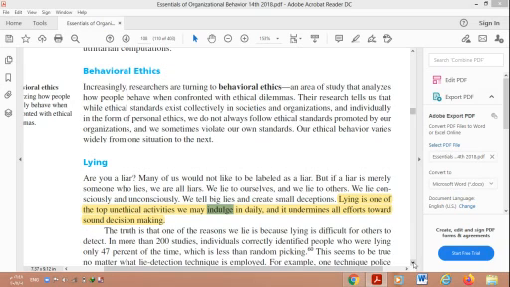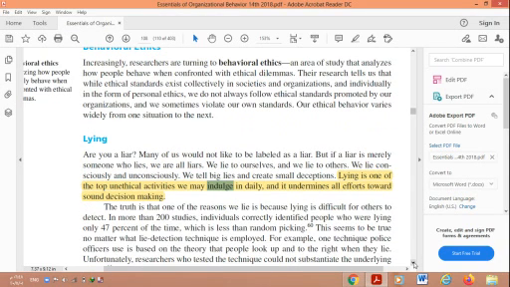One of the top unethical activities can be applied within organizations, and one of the big ethical problems is related to lying. Lying is one of the top unethical activities we may indulge in daily, and it undermines all efforts toward sound decision making.